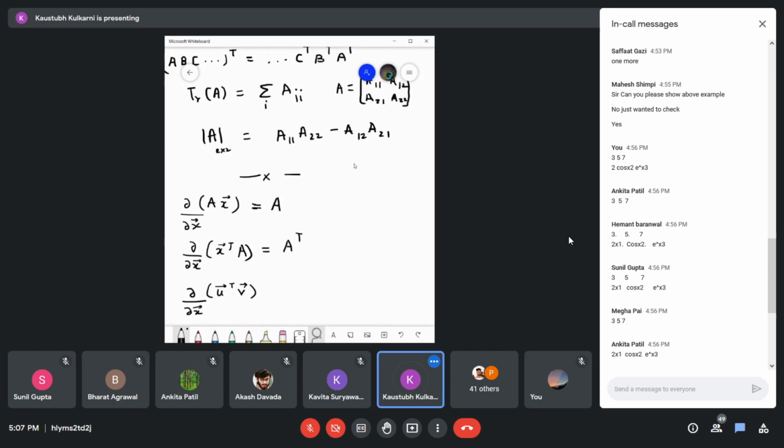The derivative of this is just like the product rule. If you have read the sheet that I shared yesterday, only pay attention to the transposes wherever there are. So u transpose plus v vector transpose dou u by dou x.